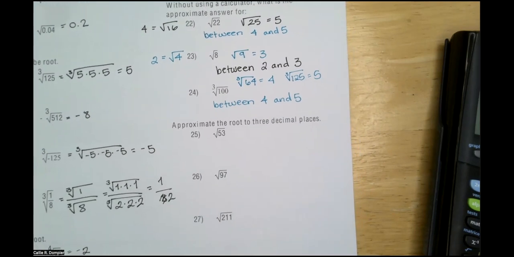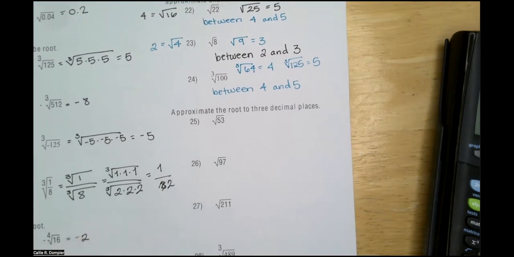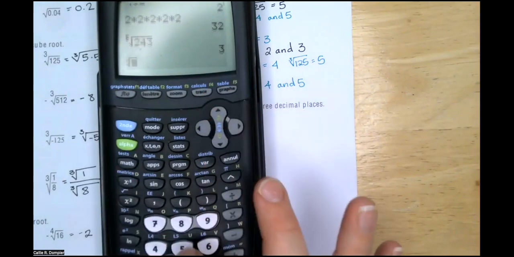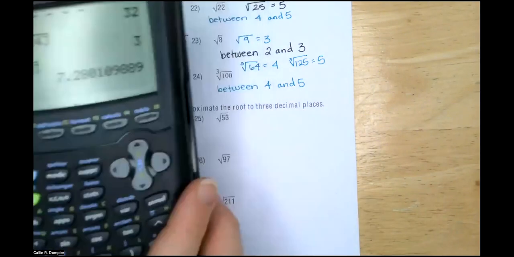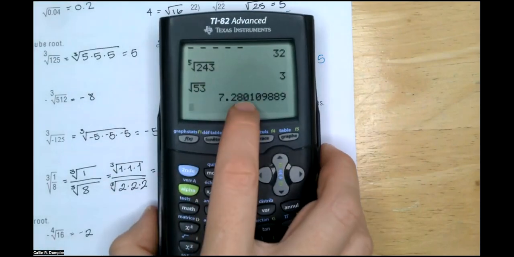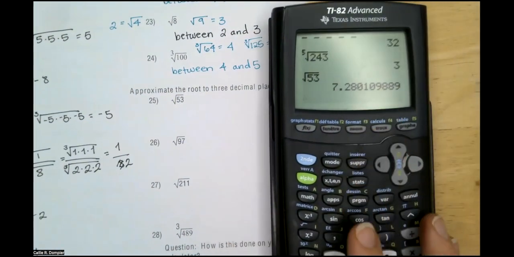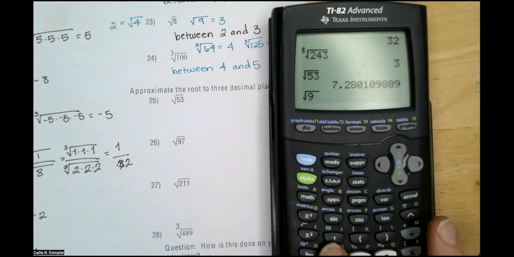Good. Okay. Approximate the root to 3 decimal places just means put it in your calculator. Square root of 53 is 7.280, right? We're rounding 7.280. The square root of 97.